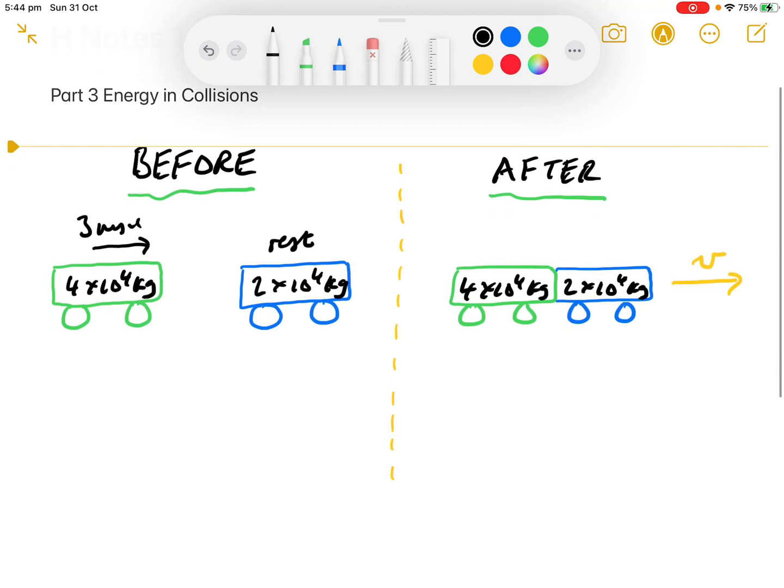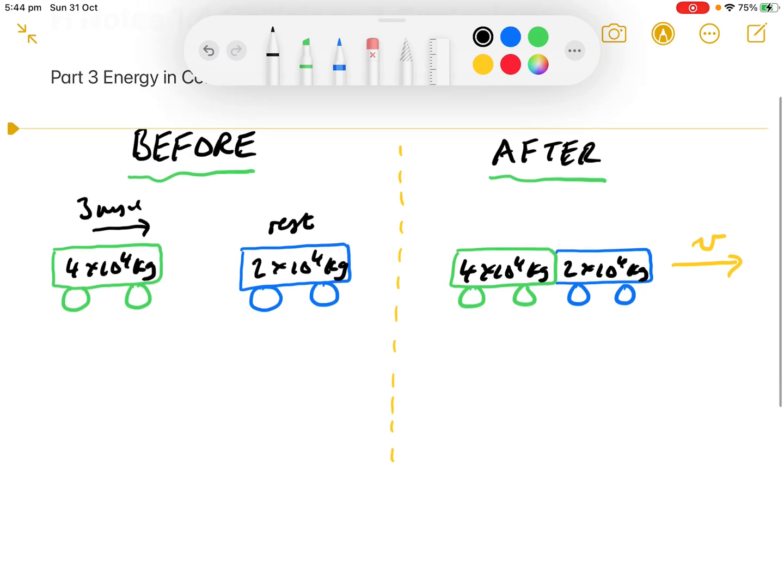So, let's work out the common velocity using our standard conservation of momentum approach, and then we'll have a look at the energy in this situation.